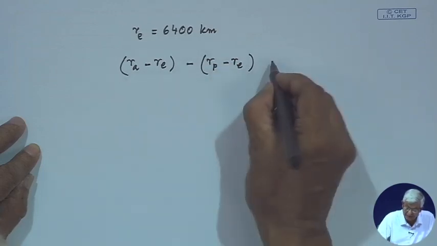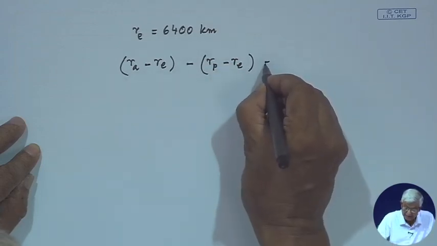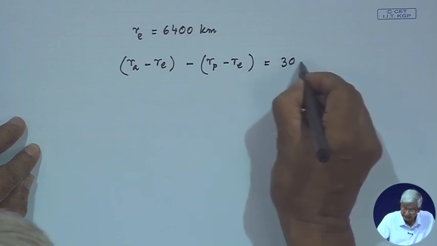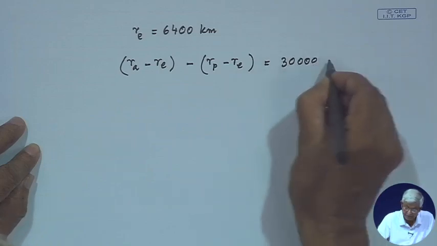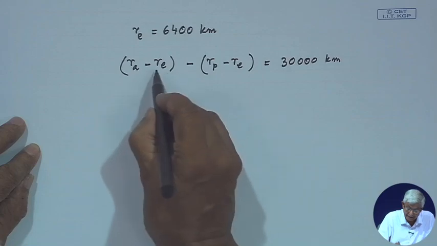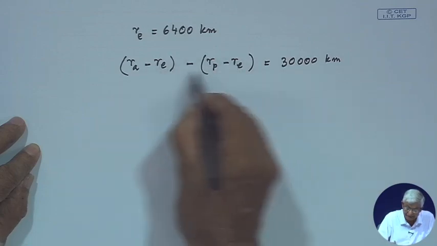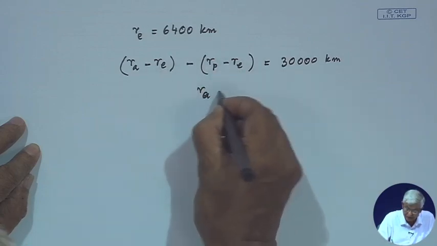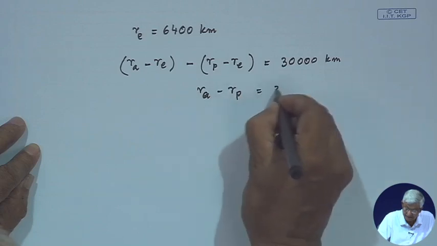If we do this, this difference is given as 30,000 kilometer. The 2 R_E, radius of the Earth, gets cancelled. So, it is R_A minus R_P is 30,000 kilometer.